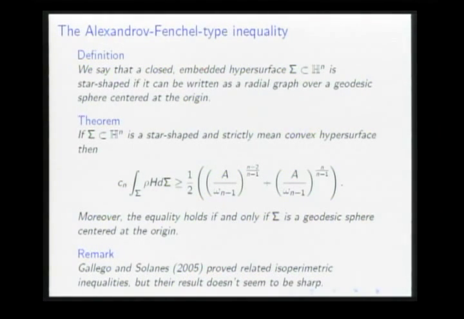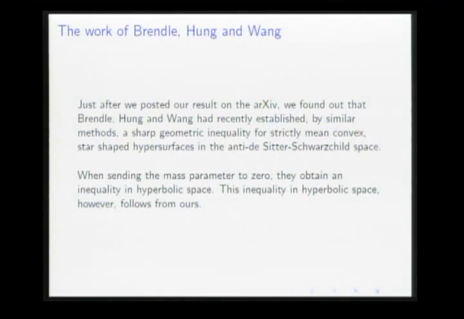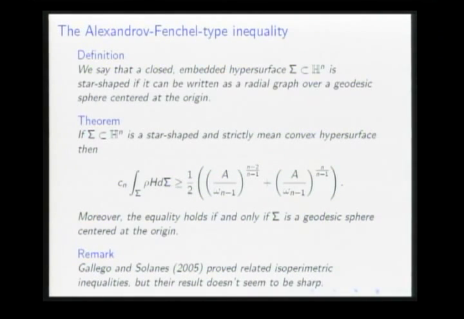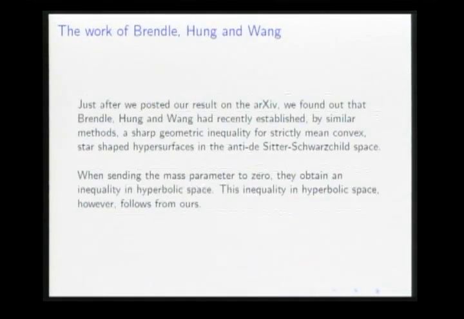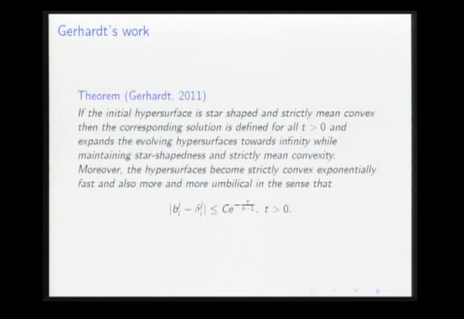So what we did was we attacked this problem, and we were lucky that there was a work by Gerhardt on the inverse mean curvature flow in hyperbolic space. So we could use that. The hard part was already done.